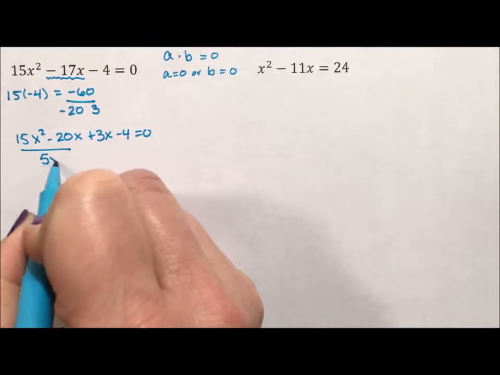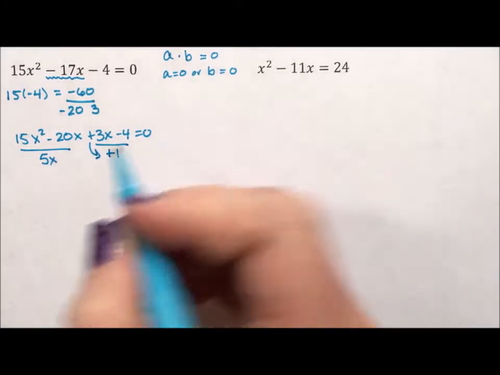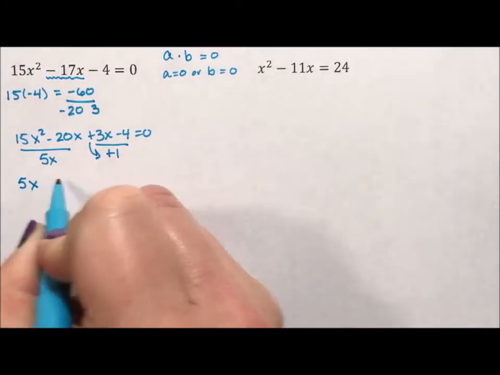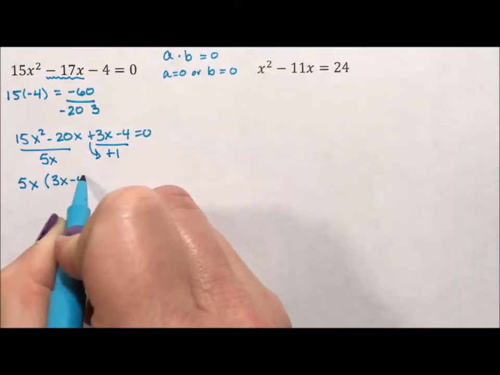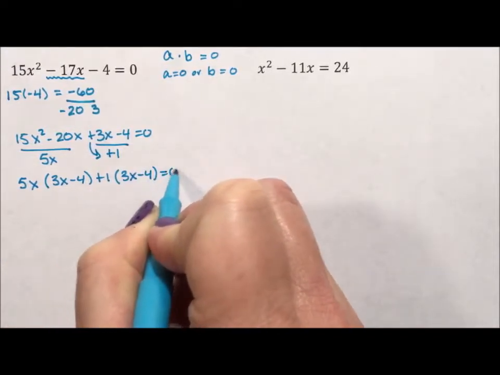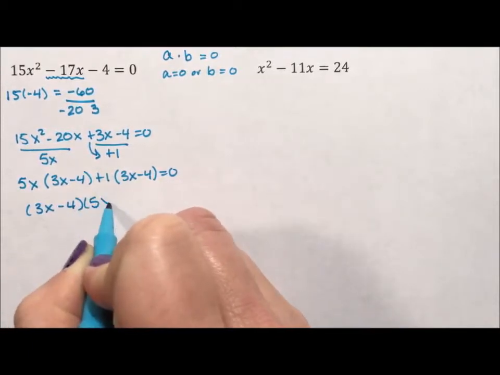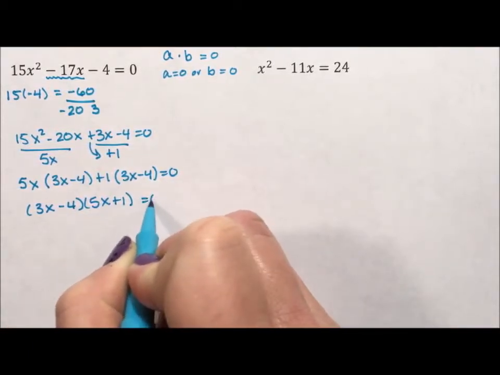If I factor a 5x out of the first two terms, and I'm bringing this sign down, a 1 out of the second, I get 5x times (3x minus 4) plus 1 times (3x minus 4). So I have (3x minus 4) times (5x plus 1) equals 0.